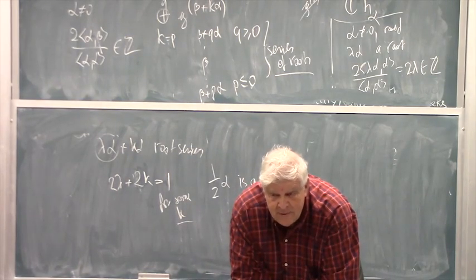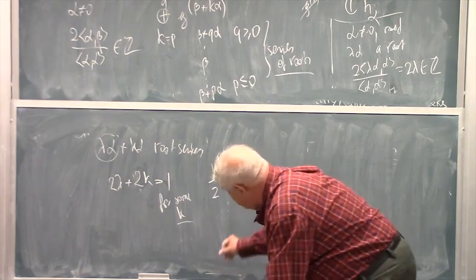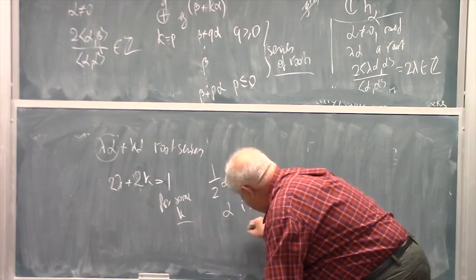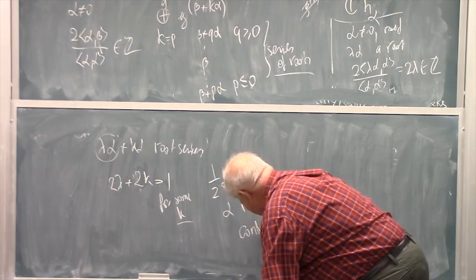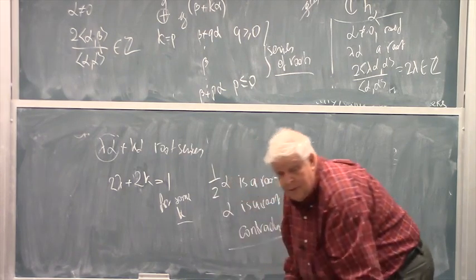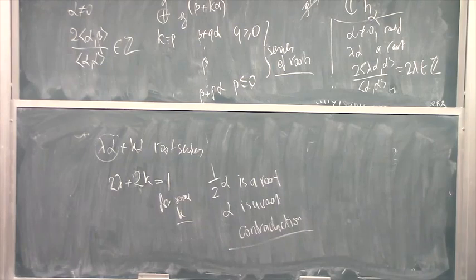That lambda is 1/2. This is a root, which is certainly impossible, because alpha is a root. And this is a contradiction, because alpha, being 2 times 1/2 alpha, cannot be a root if 1/2 alpha is a root.